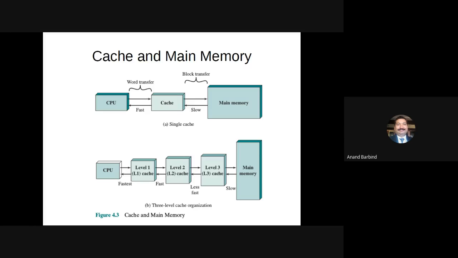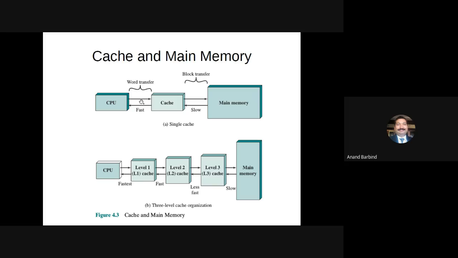organization of the cache. You can see on this particular slide that between the main memory and the CPU, there is a memory, and that particular memory is the cache memory. So it is present between the main memory and the CPU. The CPU usually reads from the cache.